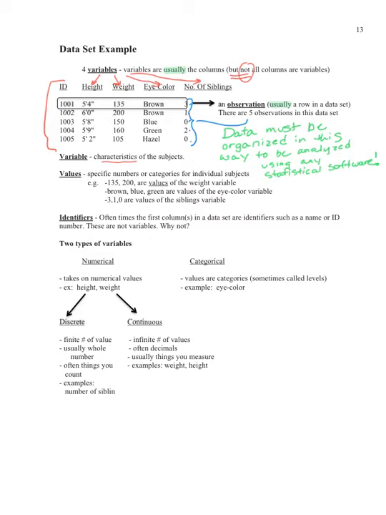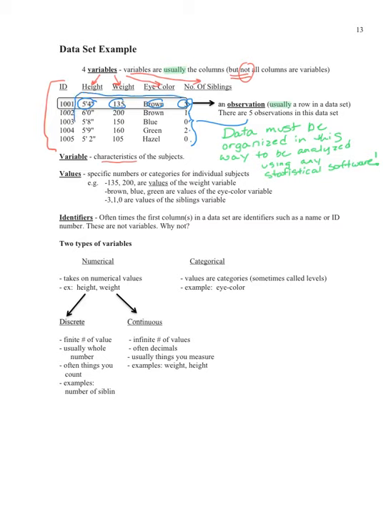So, as we said, variables are height, weight, eye color, and number of siblings. Characteristics of the subjects. A related word that sounds very similar is values. The values are the individual numbers or words in each column for each subject.